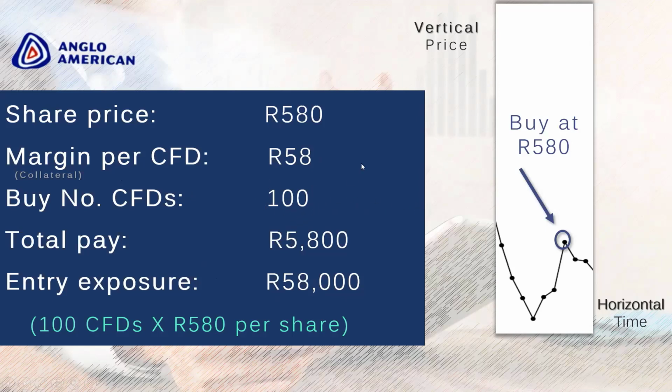So 100 times 580 gives you your entry exposure. But what you initially pay is with the margin, 58 Rand times 100. So you will pay 5,800 Rand for 100 CFDs, and you'll gain entry exposure to 58,000 Rand worth of shares.